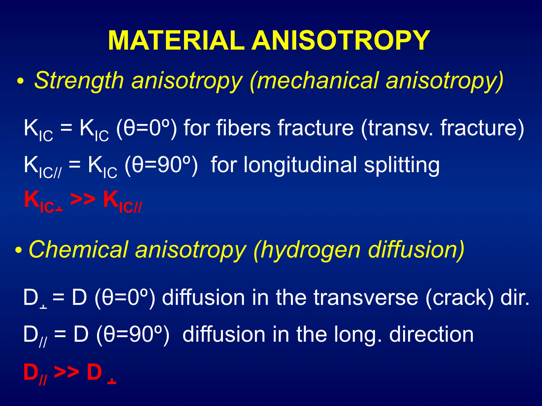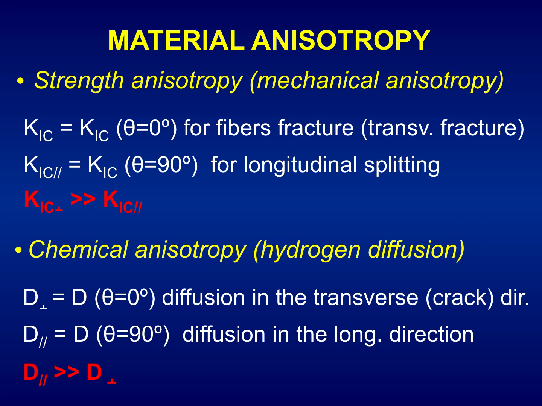For a propagation angle of 0 degrees, that's mode 1 propagation, we have K1C for 0 degrees, for fiber-transverse fracture. For propagation deflected 90 degrees from the original mode 1 propagation, we have K1C parallel, K1C for theta 90 degrees, for longitudinal splitting.